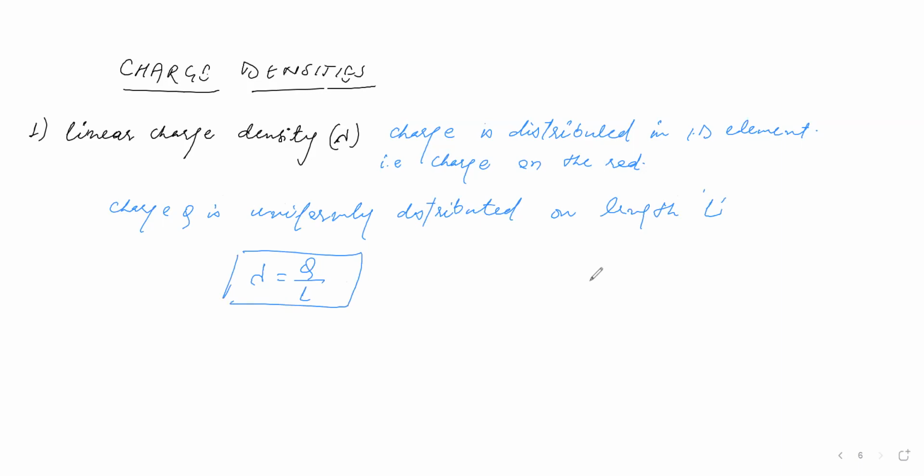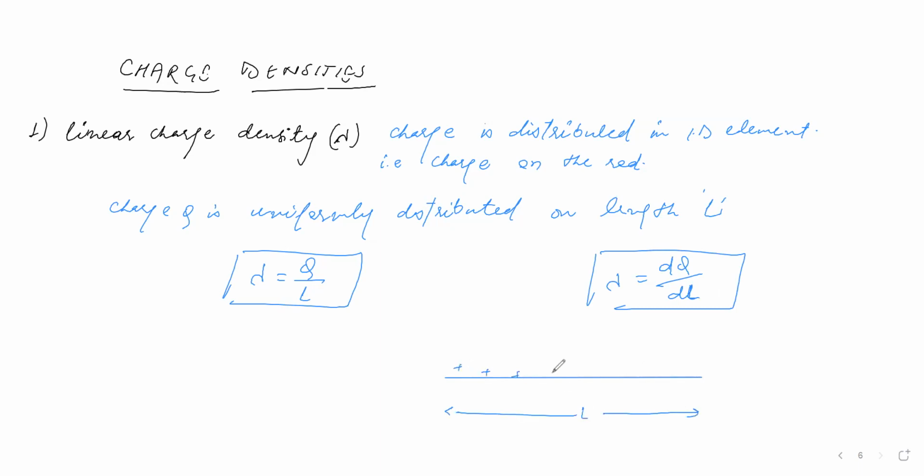In calculus form, you can write lambda is equal to dq over dl. Now, if you want to draw the diagram, you can draw it like this. This is your line charge of length L. Positive charges are given here. Note it down, please.